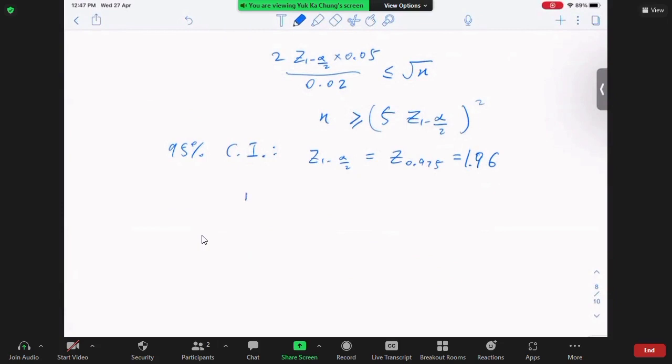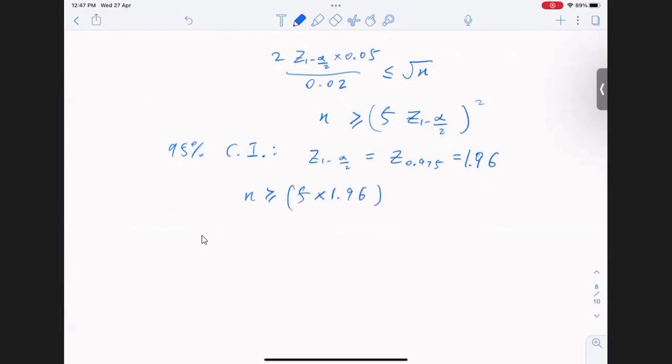So the sample size needed will be 5 times 1.96, and then squared. Yeah, about 96.04. So we need a sample size of at least 97, because sample size must be an integer.